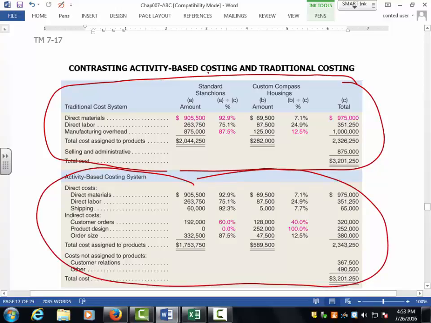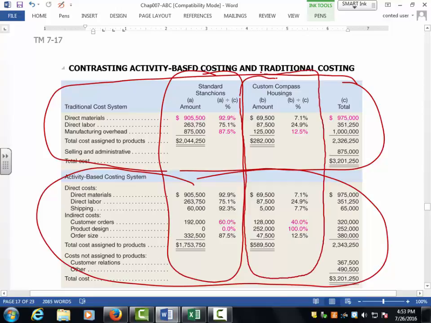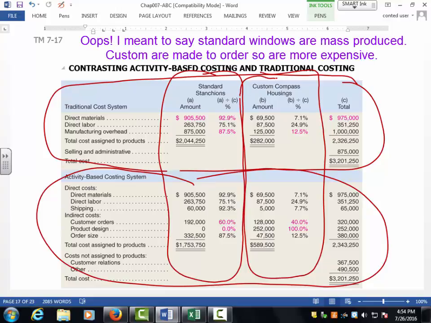And we're going to look at making two products, a standard product and a custom product. So this is like buying standard cabinets or custom made cabinets for your kitchen, or a standard window or a custom size window. If you're going to build a house and you use standard windows, they're always cheaper because they just mass produce them. But what if you need a certain size? Well, now you're going to pay more.